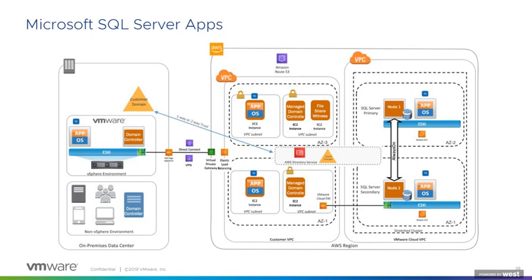If they need load balancing, they'll point to the Elastic Load Balancer I mentioned a second ago. So what we're doing here is tying together Amazon services and VMware Cloud services. And because network connectivity is so high between the VMware Cloud VPC and the customer VPC, this hybrid cloud acts like a single environment where each side can reference the services of the other.